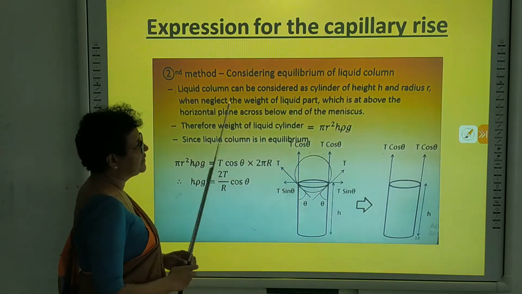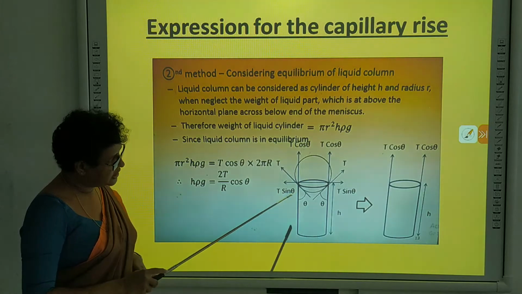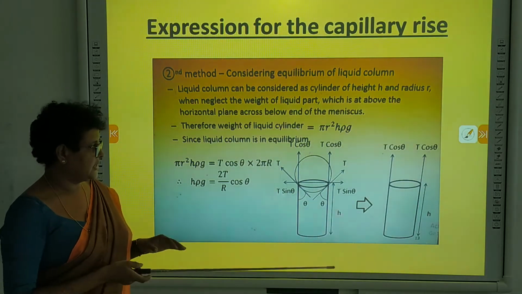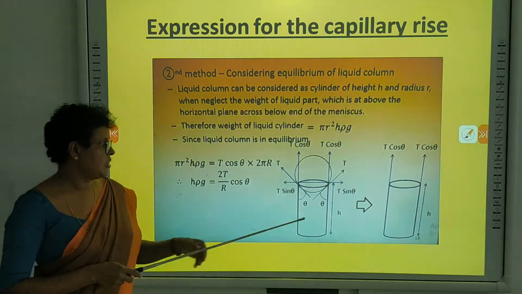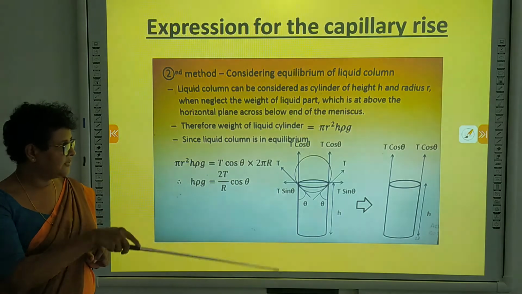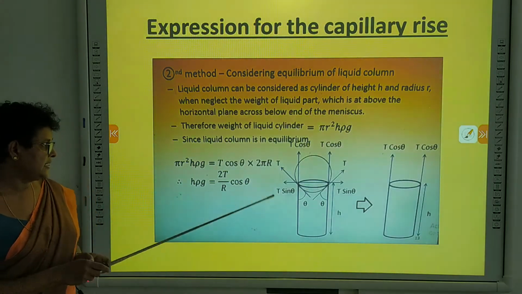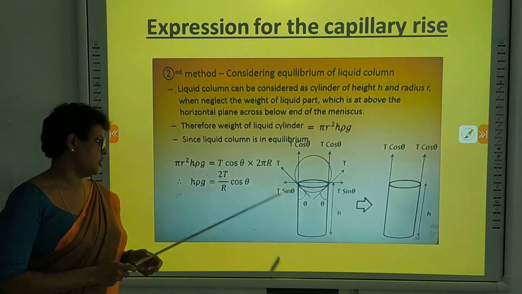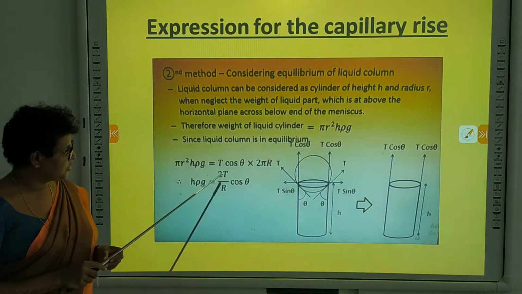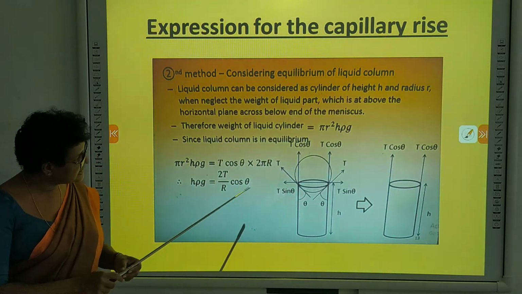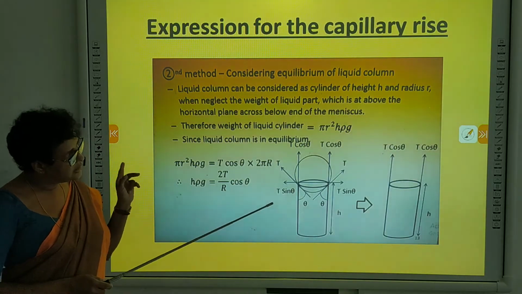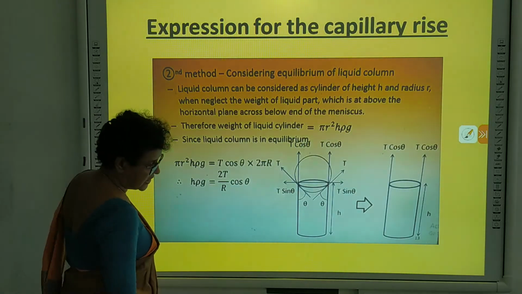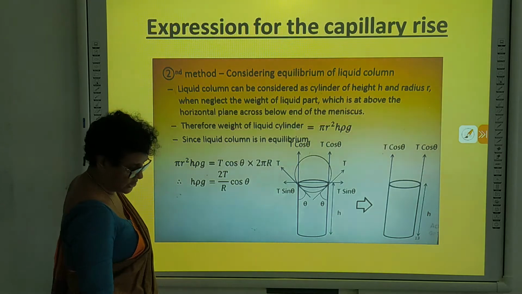We are balancing only the vertical forces. We are not taking the horizontal forces into consideration, because we are applying the equation for the vertical forces on this water column. So h rho g equals 2T cos theta over r. You get this equation very simply, not like the other one. Both ways you have to derive the equation.